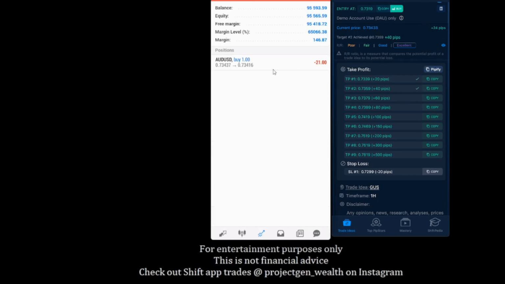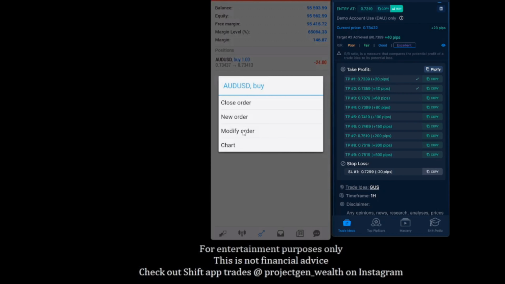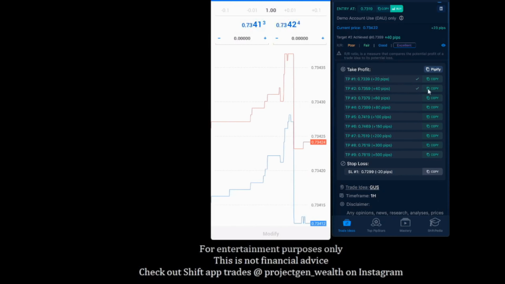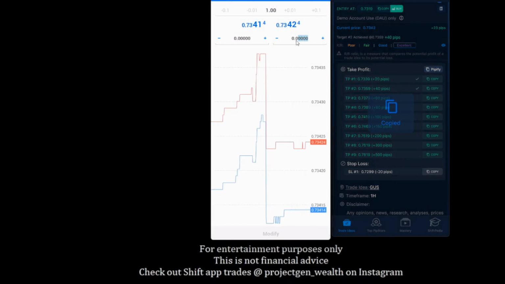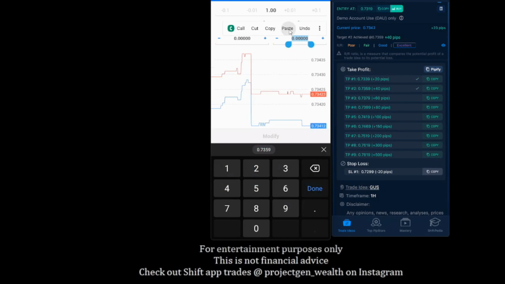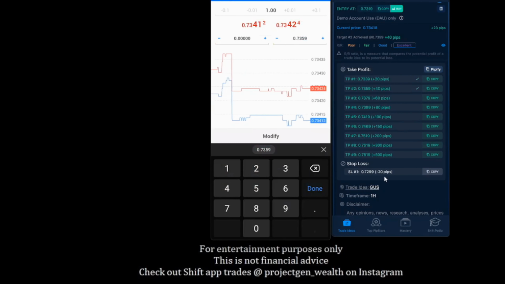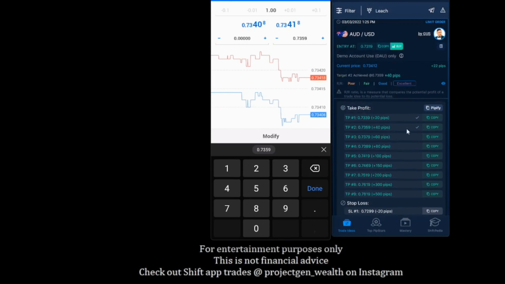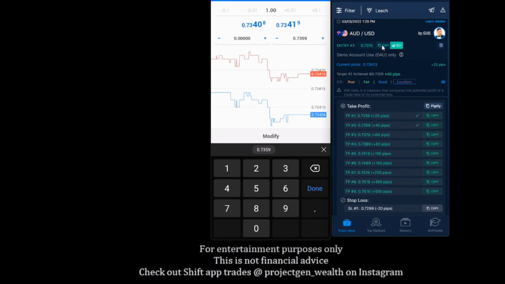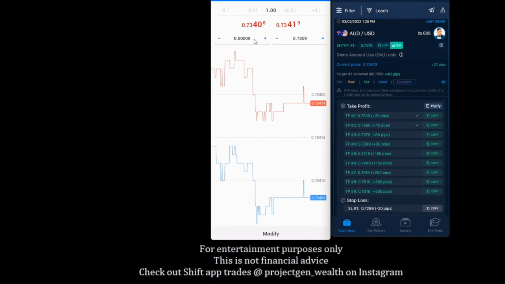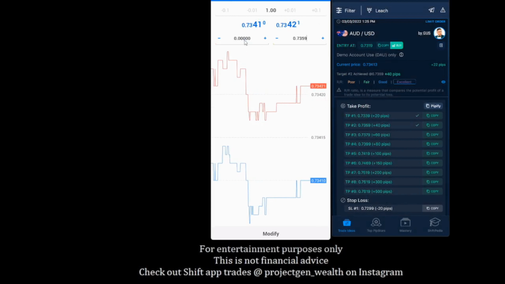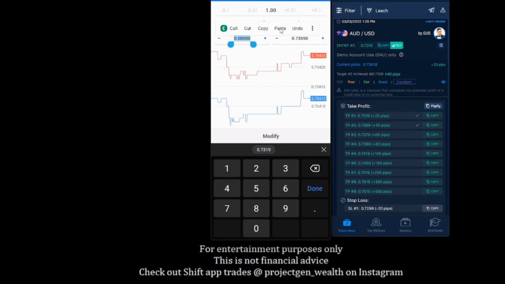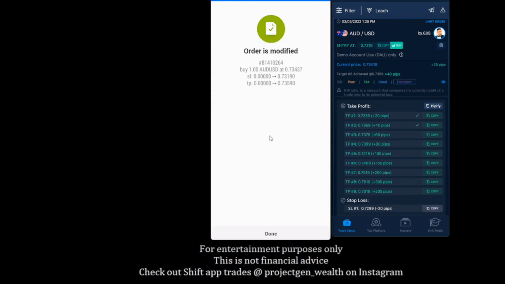So you would go into your open trade, and you would modify it, and you would go to take profit 2. You would copy it, and you would put it in the take profit field, and then you would also move your stop loss. So currently the stop loss is for the take profit 1, but we're going after take profit 2 now. So we want to move our stop loss to the entry at level. So we're going to copy entry at, paste it, and you're going to modify the trade.